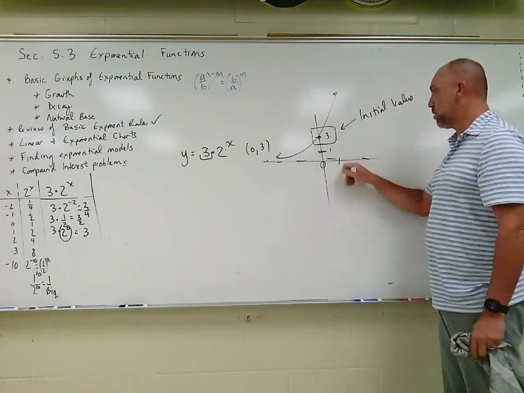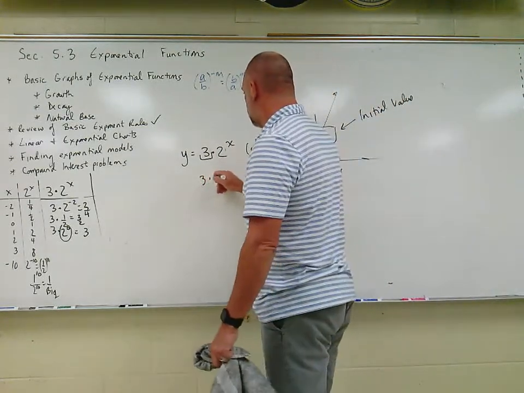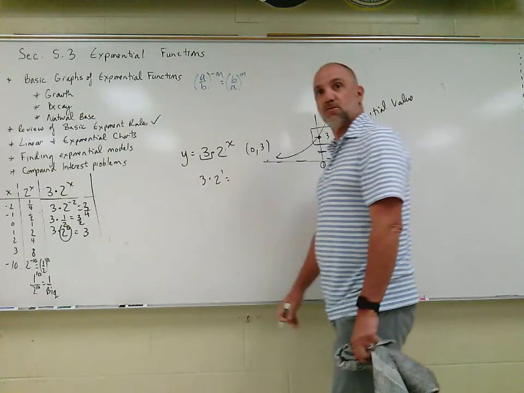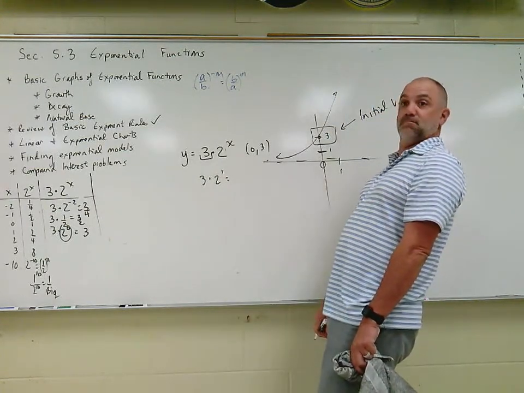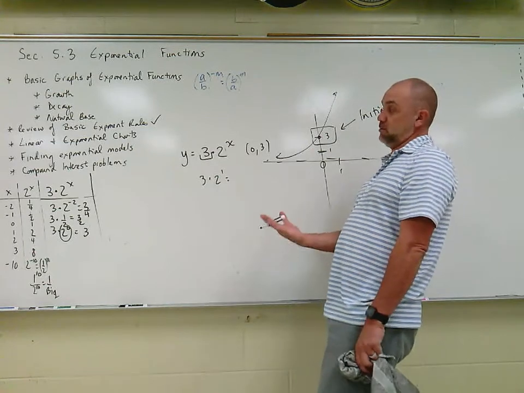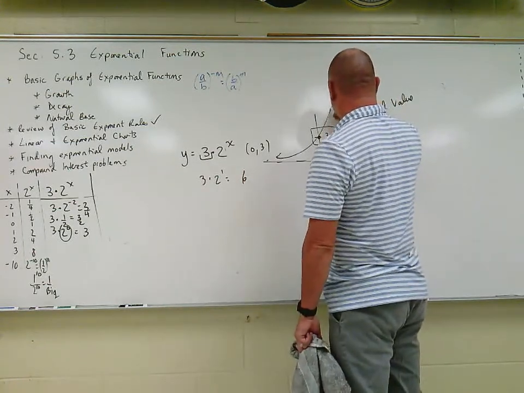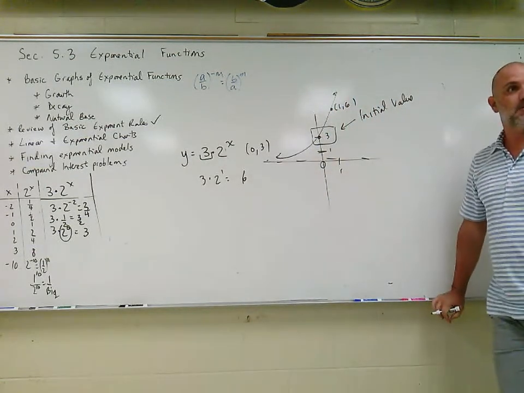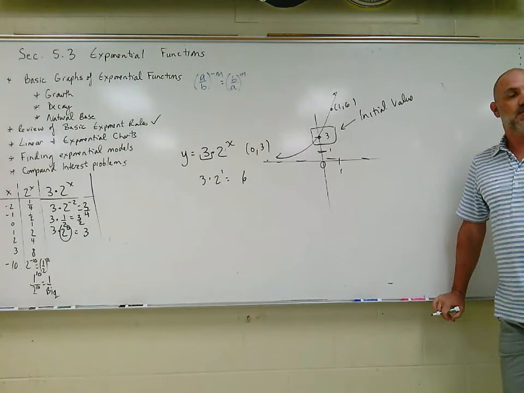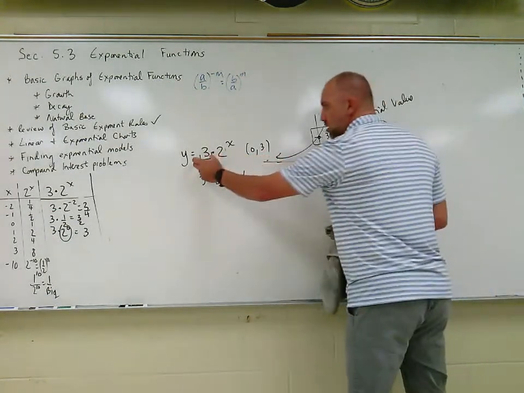Then 1 day goes by. Well, we do 3 times 2 to the first, we get what answer? Anybody? 6, thank you. So 1 day goes by, we have 6 people, or whatever it is, however it's growing. But that right there will tell you the initial value.